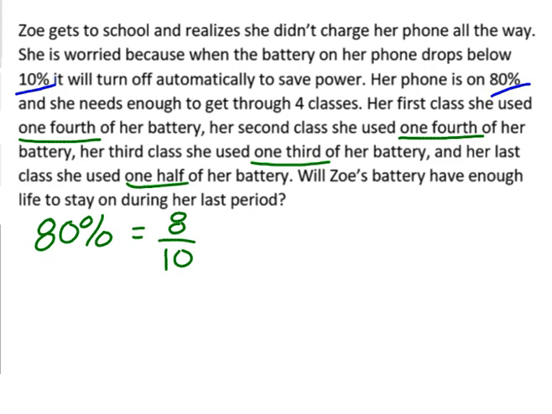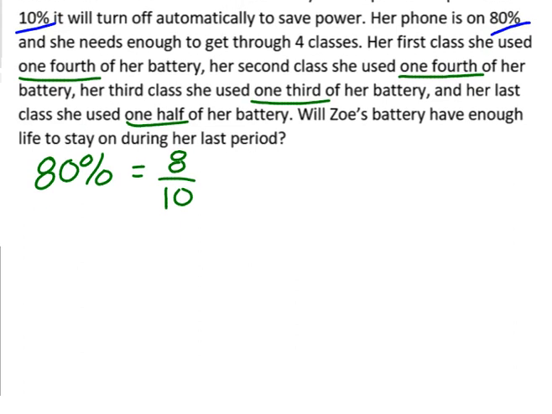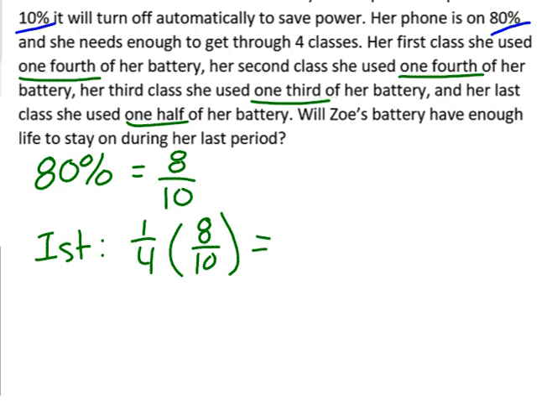So after her first class, she used 1/4 of her battery. So we can say in the first period, she used 1/4 of her battery, which is already at 80%. And if we multiply this out, we're going to get 8 divided by 40.